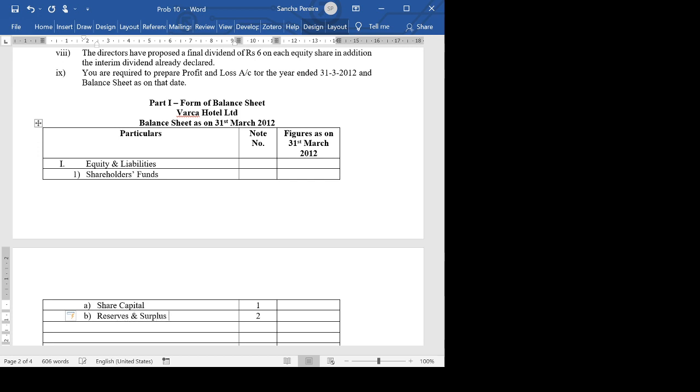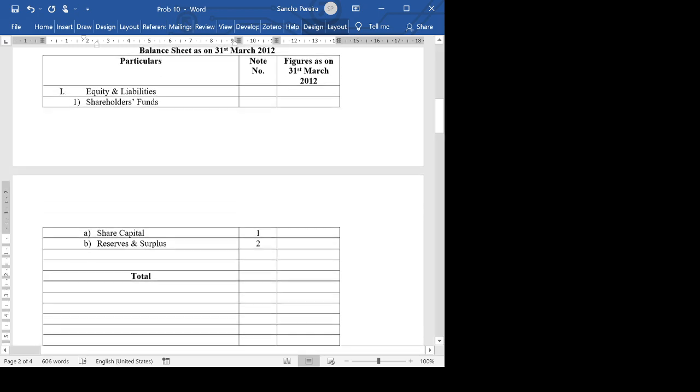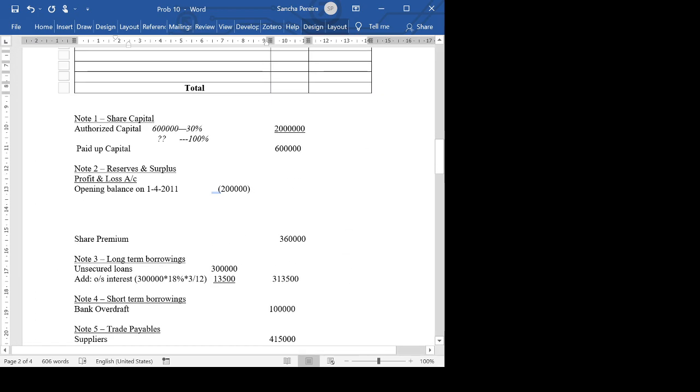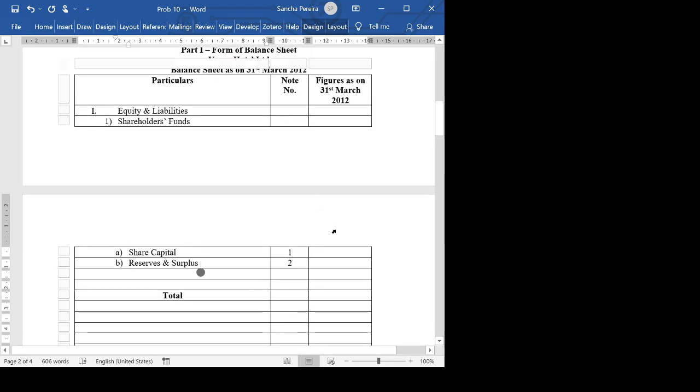These are the two things we have under shareholders funds. Note 1 we have ready: paid up capital is 6 lakhs. I told you authorized capital is not shown. It's only the paid up capital, that is 6 lakhs. I'm not going to show the reserves and surplus till now because I don't know the amount.